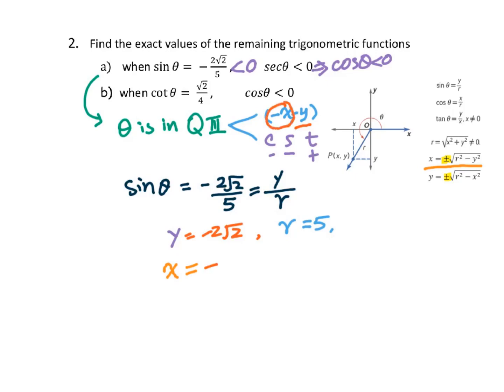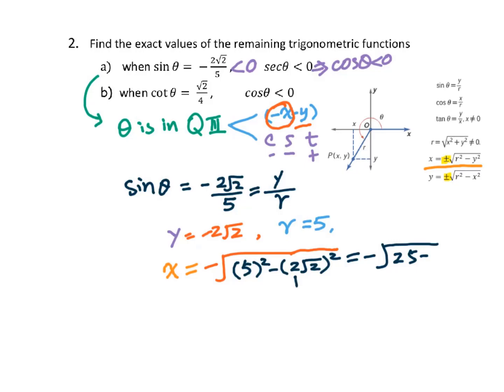Then we do the square root of r squared, 5 squared minus (2 square root of 2) squared. Then we get negative square root of 5 squared, that's 25, minus 4 times 2, that's 8.